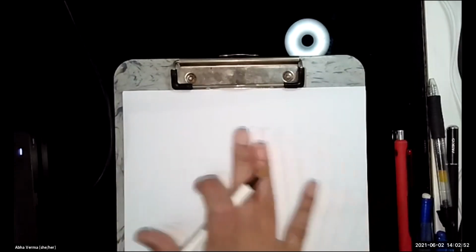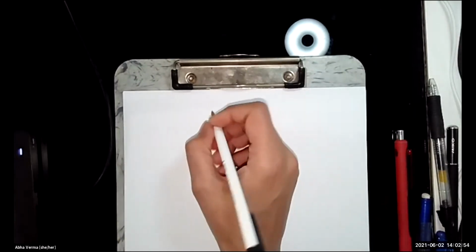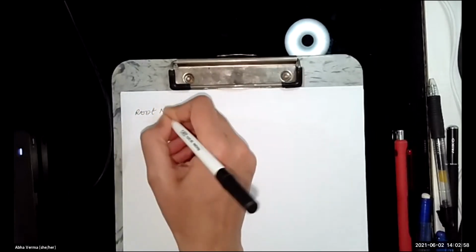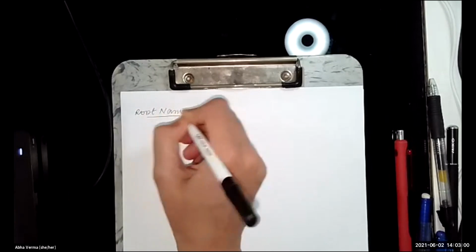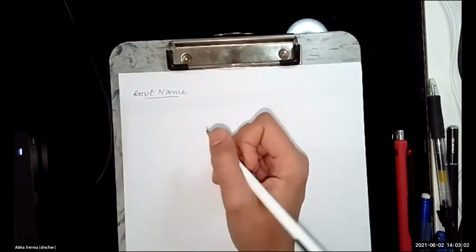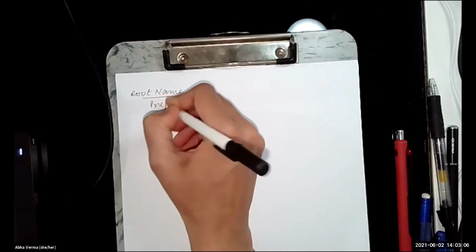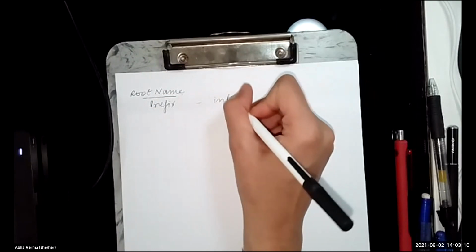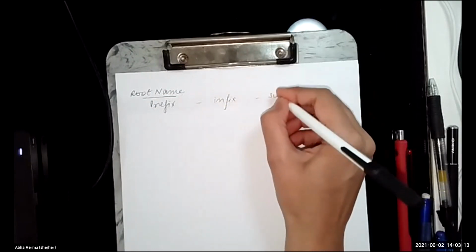So when you're looking out for the name of any structure, the first thing that we look out for is the root name. What is the root name? A root name comprises of 3 things. There is a prefix, there is an infix, and there is a suffix.